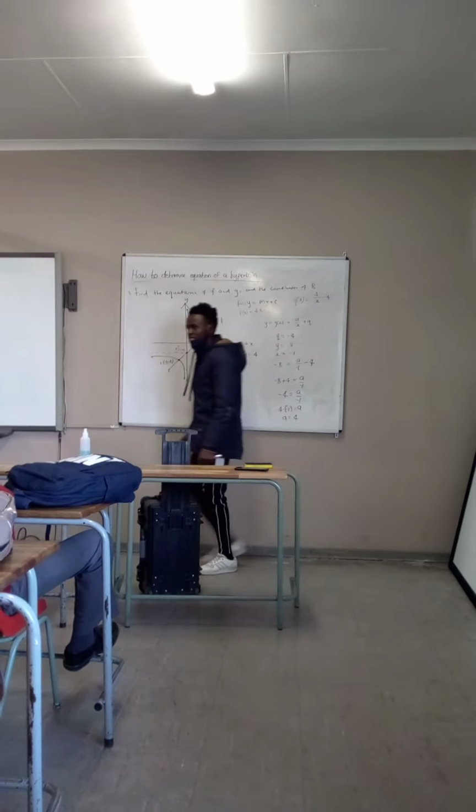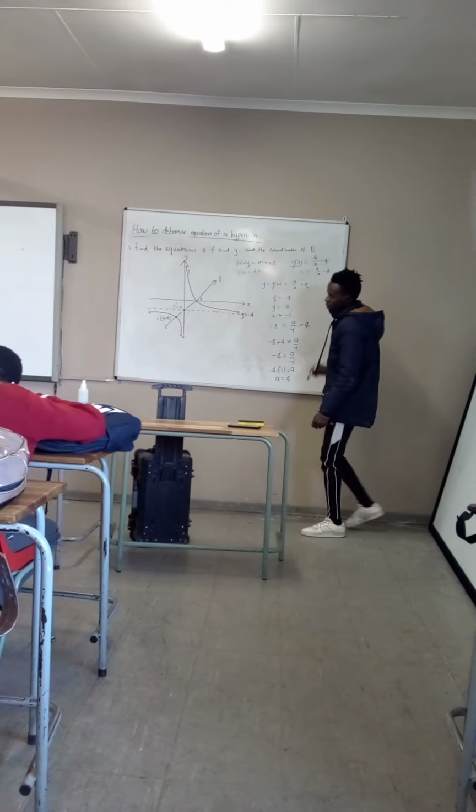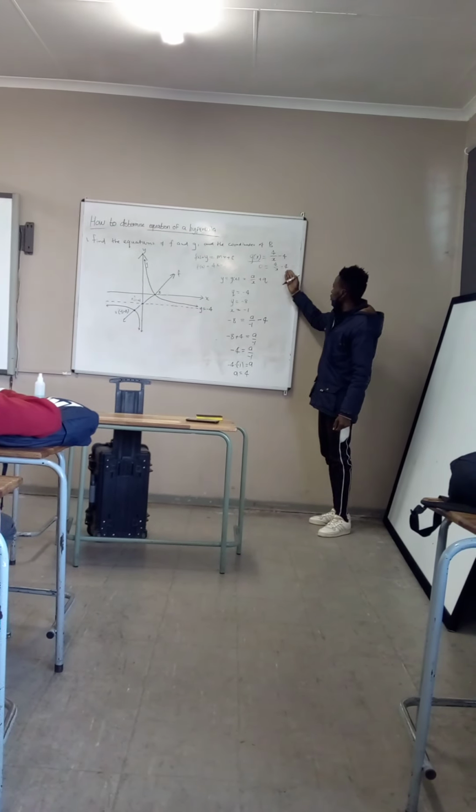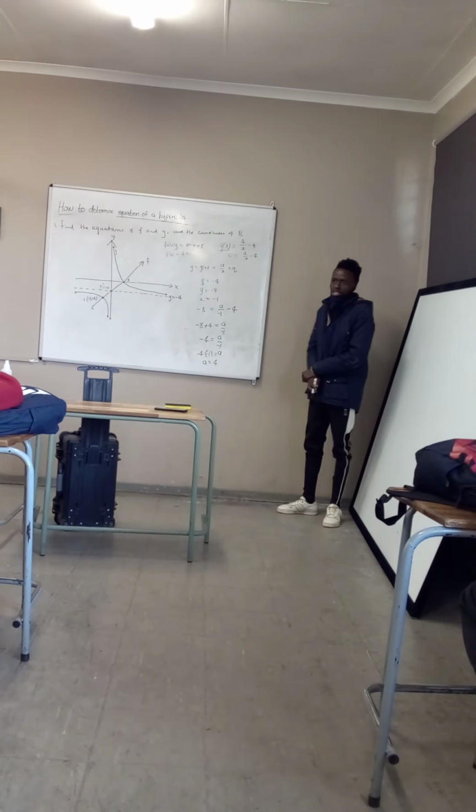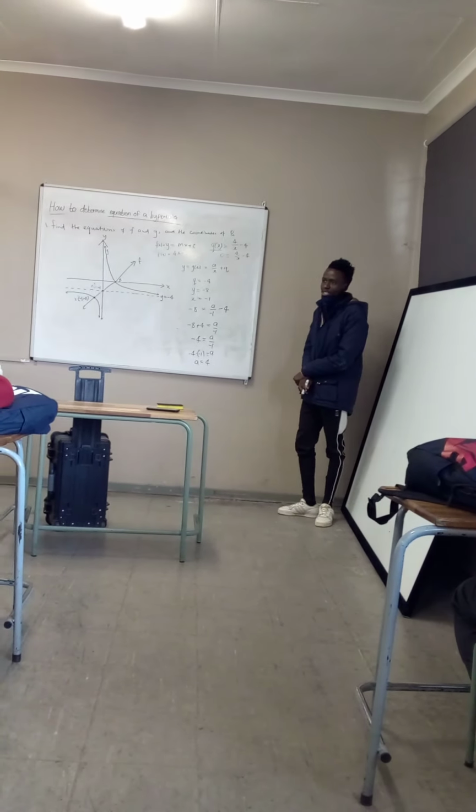So if we let this y to be 0, we are going to have 0 equals to 4 over x minus 4. And then we transpose -4 to the other side. It's going to be +4. So I'm having +4 equals to 4 over x.